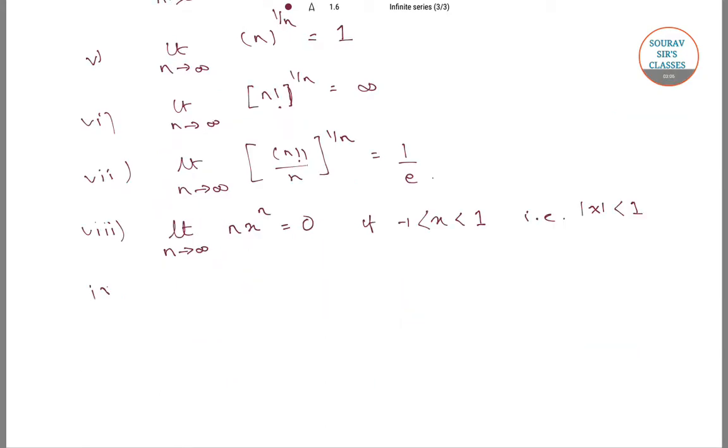Now limit n tends to infinity n raised to the power h is equal to infinity, and limit n tends to infinity 1 by n raised to the power h is equal to 0.